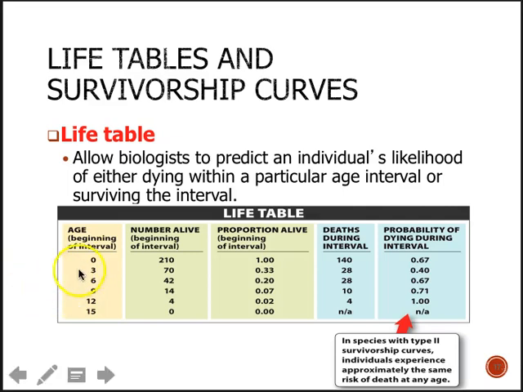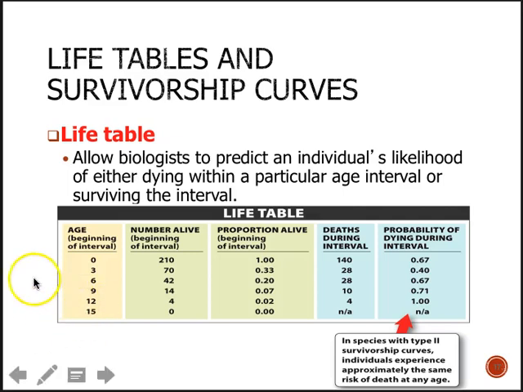The reason you can tell is that the age only goes up to age 15. So clearly at age 15, all of the individuals are dead. So this is not humans. But in general, these life tables allow us to predict the likelihood of dying at any particular age interval. And this is the kind of thing that actuaries do for life insurance.